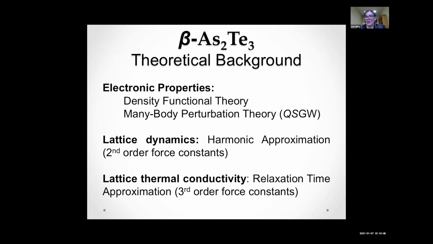In lattice dynamics, when you do a Taylor expansion of your potential as a function of the positions of the atoms, you truncate the expansion at the second term, and that's why you use the simplest approximation, which is the harmonic approximation, in order to try and consider entropy for your system.